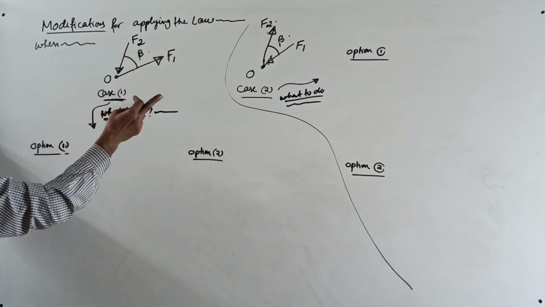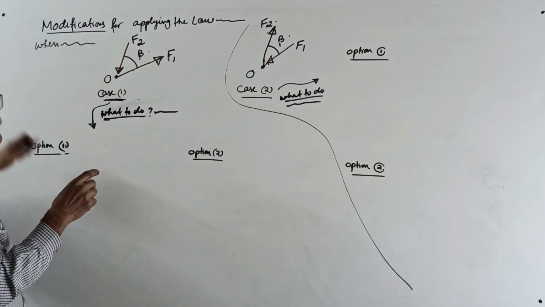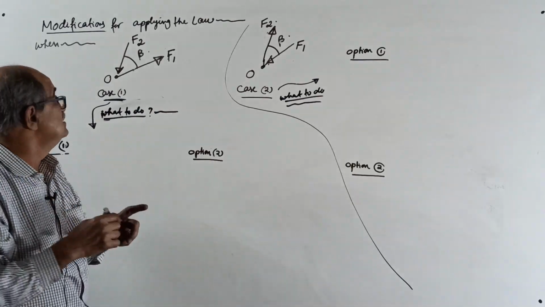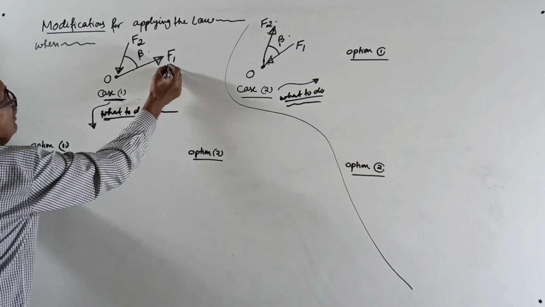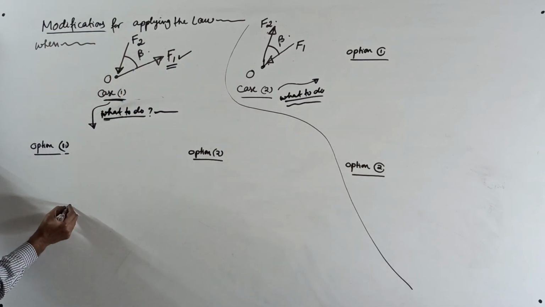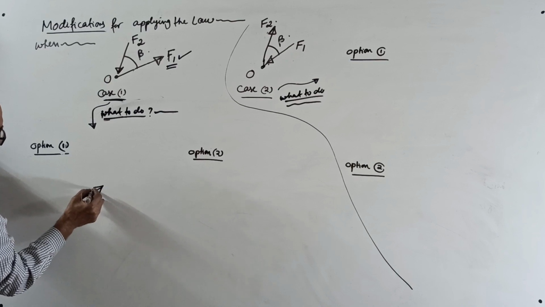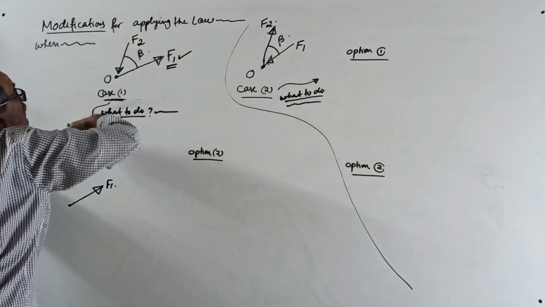Option 1, just now I told. Extend one of the forces. See, what all I am telling now, you have to write it. I will do one thing now. See, option 1, you write here. I will maintain F1 as it is. F2 is acting towards the point.